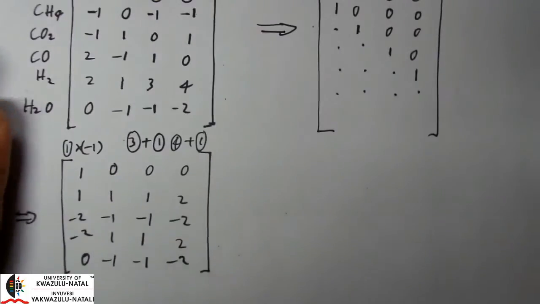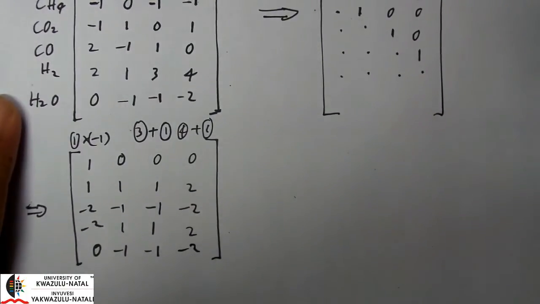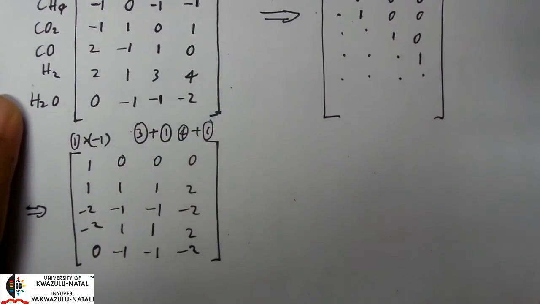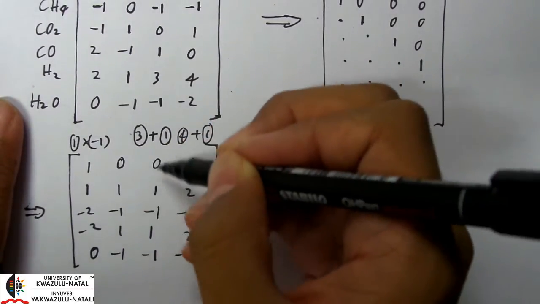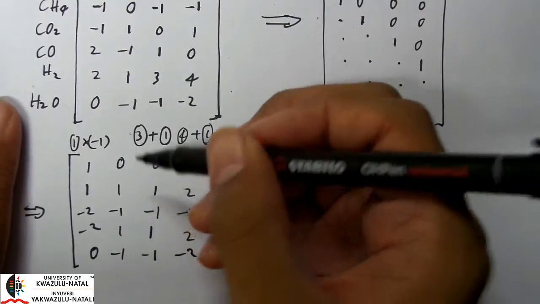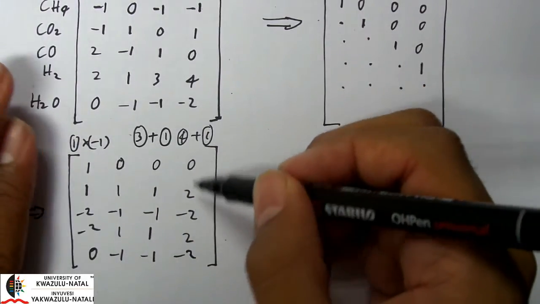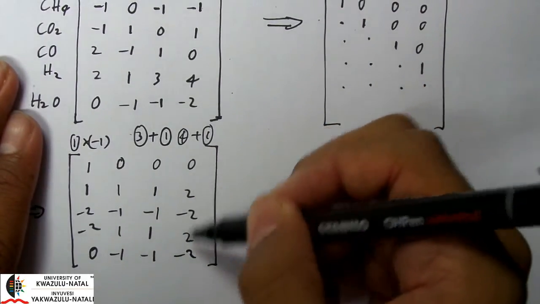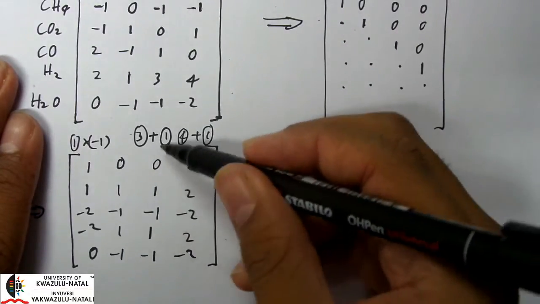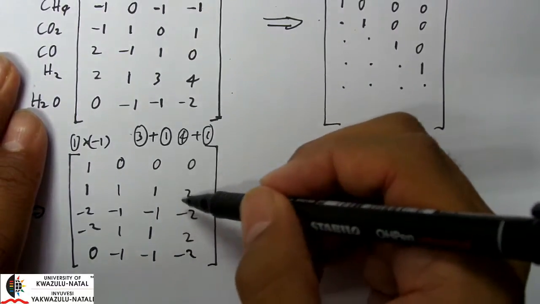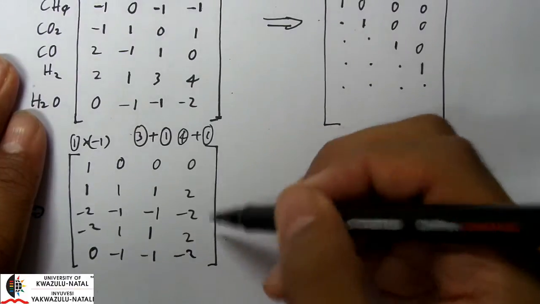Okay, so at the moment things are already starting to look fishy. We have column 2 and column 3 looking identical. And if we look at column 4, column 4 is simply a multiple of column 3. If we multiply column 3 by 2, it will look exactly like column 4.